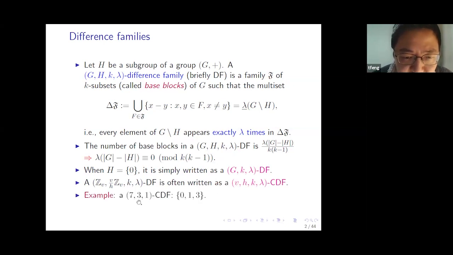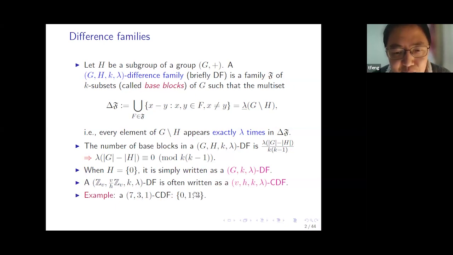Here is an example. Now we want to construct a cyclic difference family over the cyclic group of order 7, and it only contains one base block, {0, 1, 3}. The pair 0, 1 contributes the difference 1 or minus 1. The pair 0, 3 contributes 3 or minus 3.